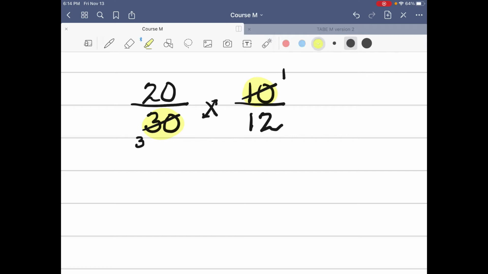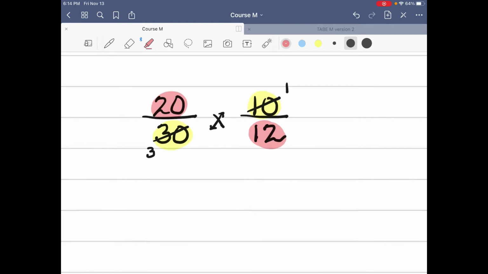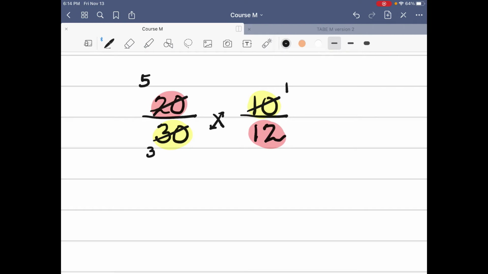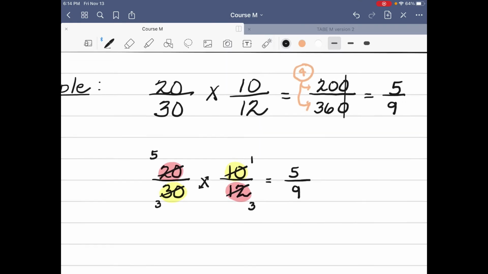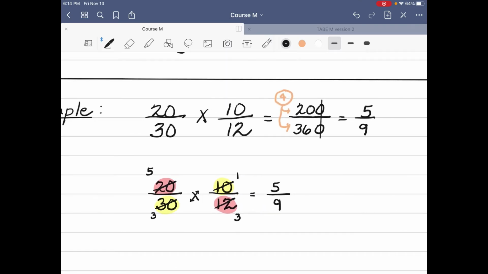Now be careful on this one, because at first glance you think 12 won't go into 20 evenly, but it still will cancel by 4s. 4 into 20 is 5 times, and 4 into 12 is 3 times. 5 times 1 is 5. 3 3s are 9, and look at that. There's that same answer both ways.